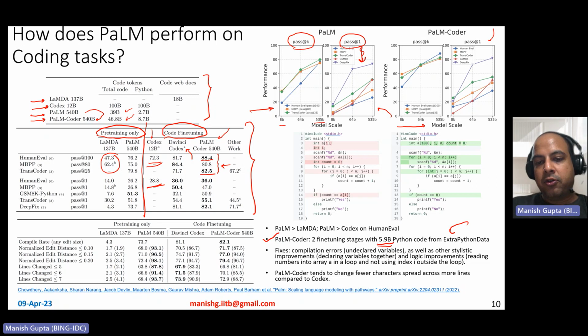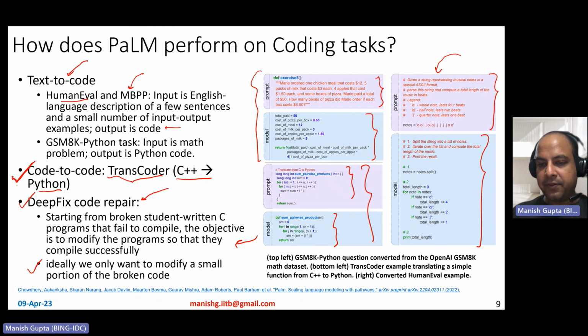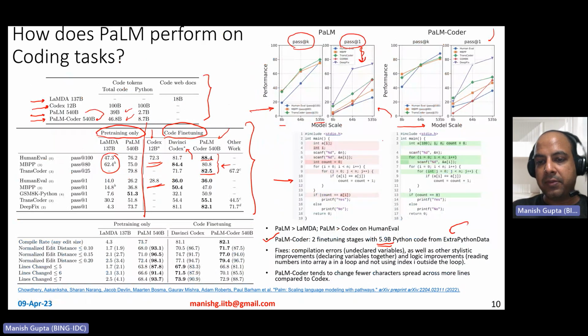Here is an example of code being fixed. So remember this particular task, DeepFix code repair. Here is some C++ code, and some C code written here, and there is another code, and this is basically being fixed. As you observe, several compilation errors are being fixed. For example, undeclared variables are being declared appropriately, so n, count, and so on.